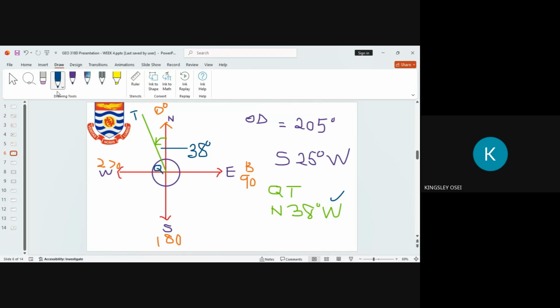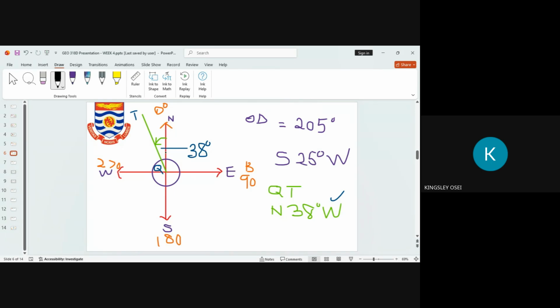So now, let me use a color that will help us see. Yellow is not good, but let me see what else I can bring to bear. Maybe black. So now, watch what I'm doing, trying to implement the definition of whole circle. So watch, I'm coming from here, north.